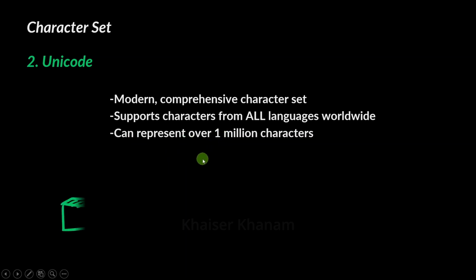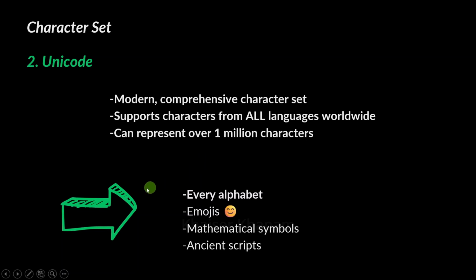This is huge. For example, using Unicode, every alphabet has a number, every emoji, mathematical symbols, Asian scripts, old scripts, for each and everything we have a number. So this is very huge, and we also don't have the limitation we had in ASCII.